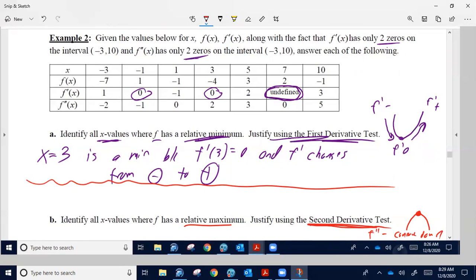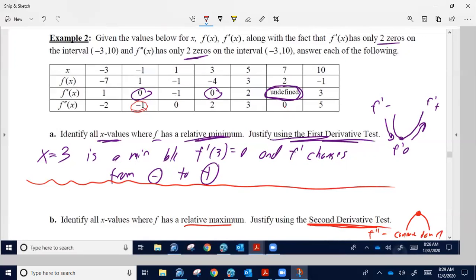So if I look at x equals -1, I have a critical number of 0. Notice the second derivative is a negative. That's going to be a maximum. 0 here, we already did. It's a critical number with a positive second derivative. And then here at 7, undefined is a critical number. 0 is inconclusive.